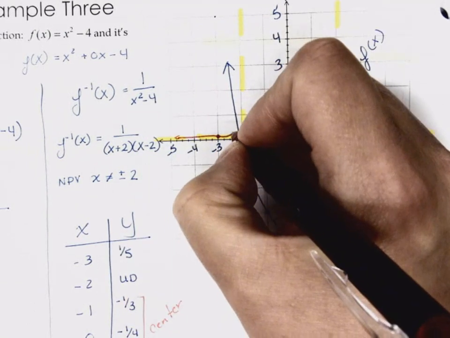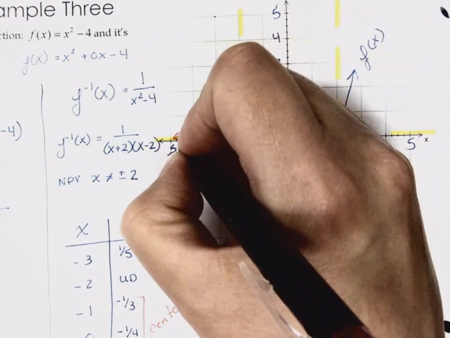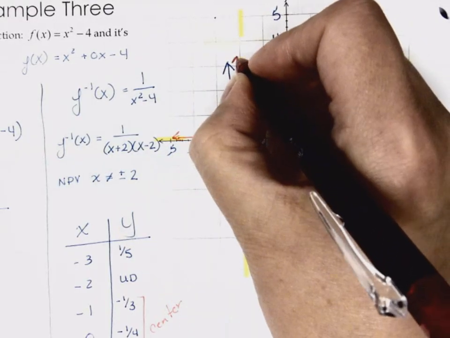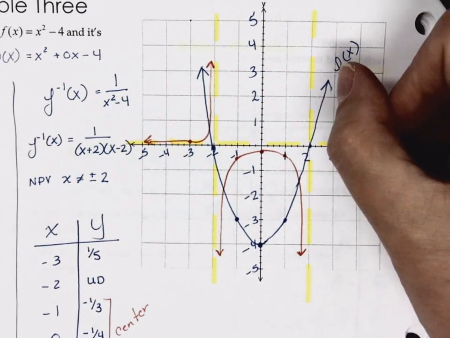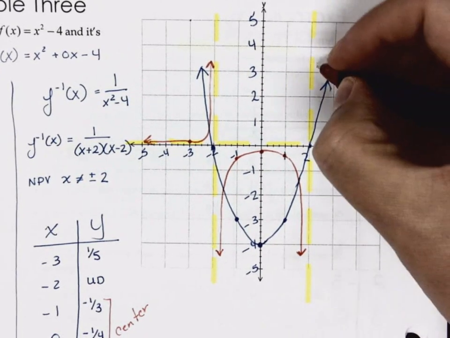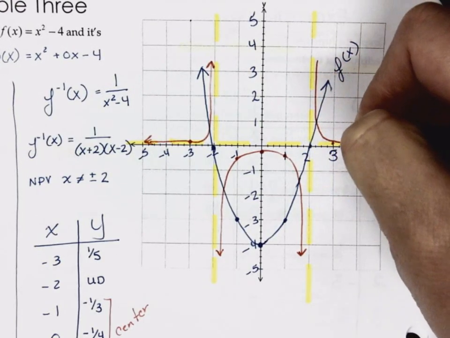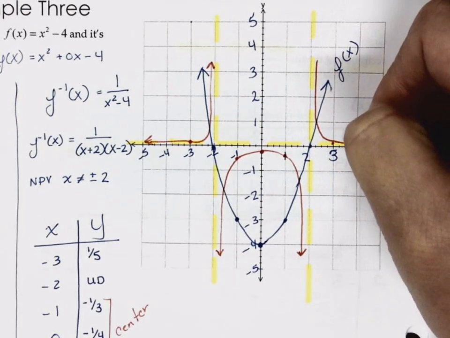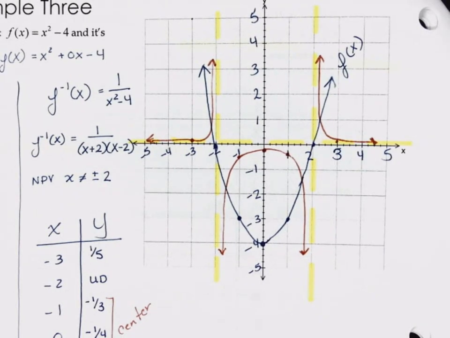And then I'm going to head over to this, and I'm going to head up. And the 3, again, I'm at 1/5. And the magnet pulls me close. But again, I can never touch and cross.